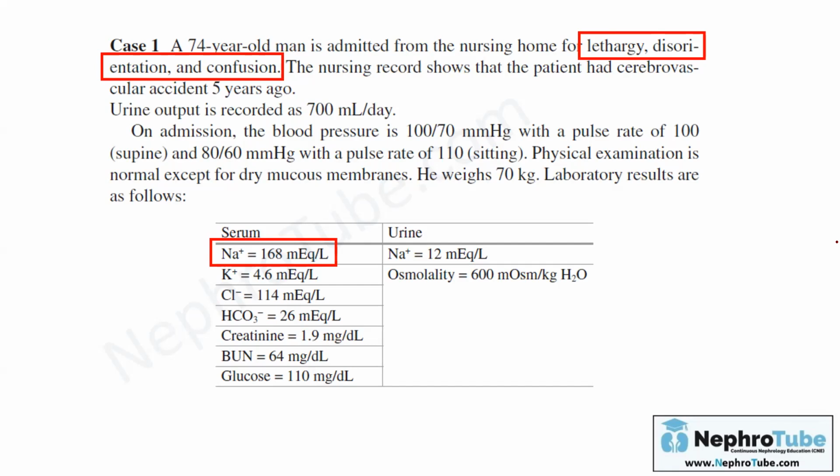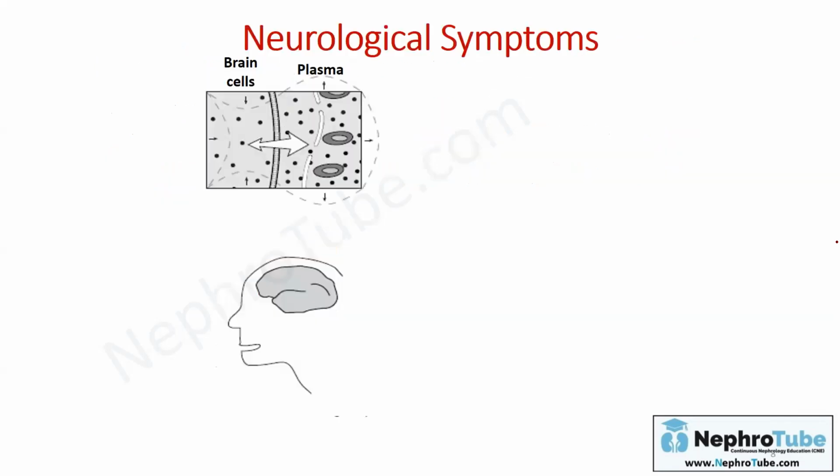So, as is clear from here, hypernatremia is presented by central manifestations, and this is what I want to clarify. Why is hypernatremia presented by neurological symptoms?